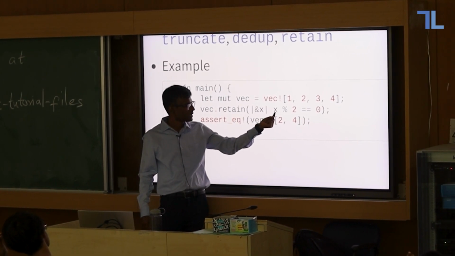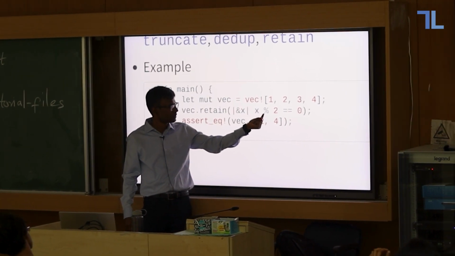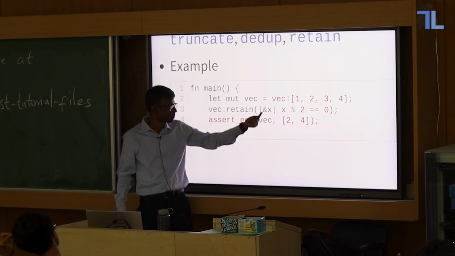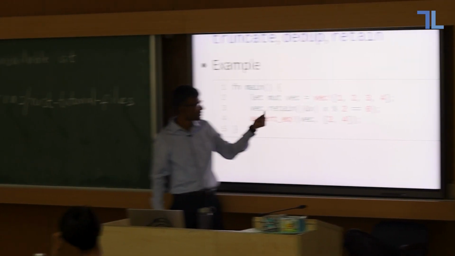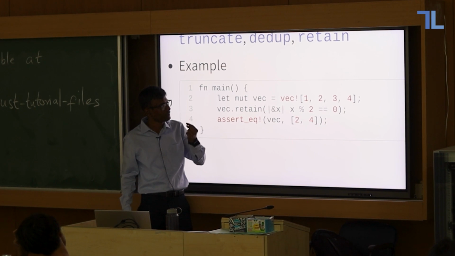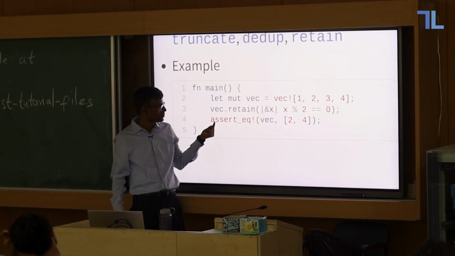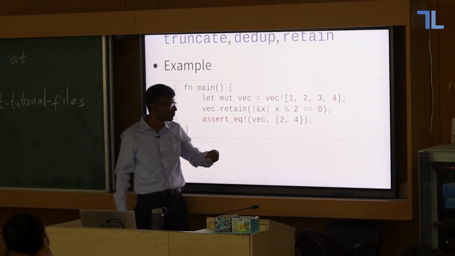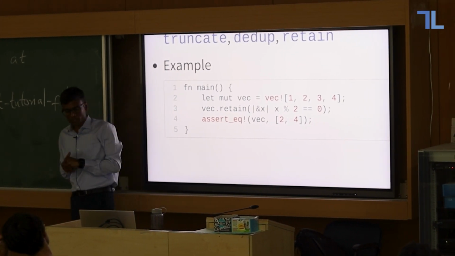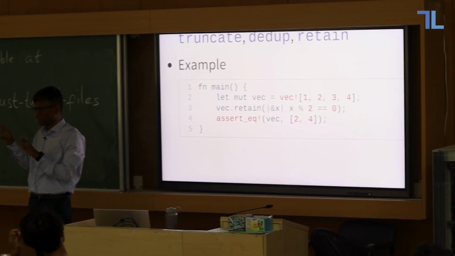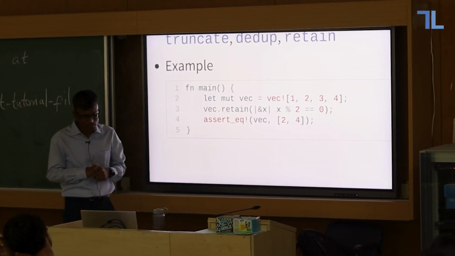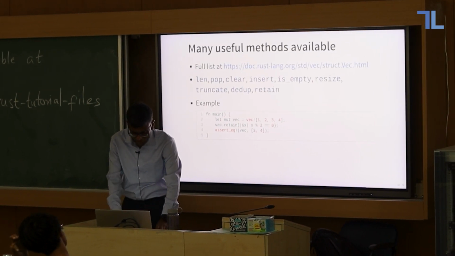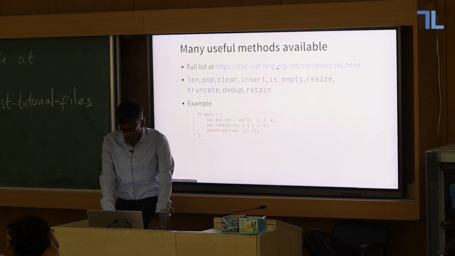The predicate is that x modulo 2 should be 0. That is, this predicate will be true when x is even. So this command is saying please retain only the even integers in this vector. Later you can check that this vector has only 2 and 4, and 1 and 3 have been removed. You may encounter situations where you have some vector of values and you want to filter out some values. These are nice functions which help you do that. There are many other functions you can check in this official documentation.